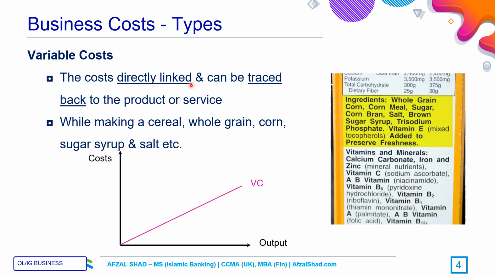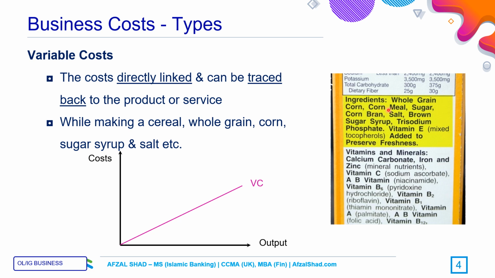For example, on the right hand side, you can see a picture. This is a picture of the packaging of a cereal. On the packaging of the cereal, ingredients are mentioned, which is highlighted for you.